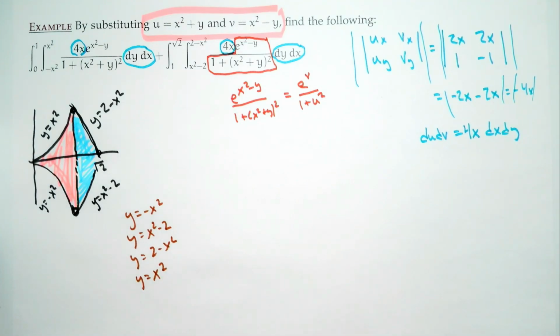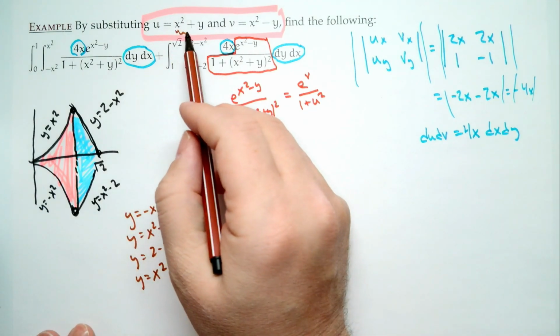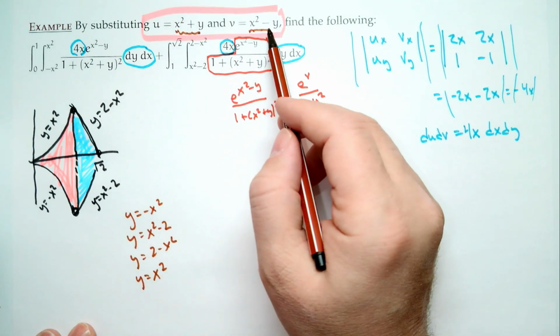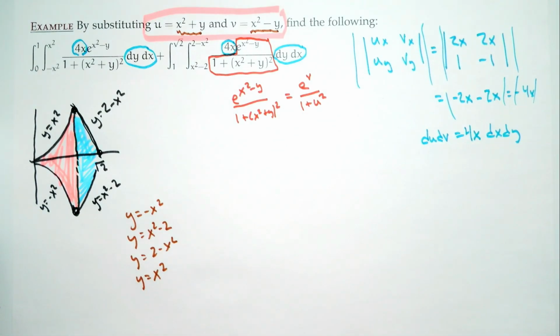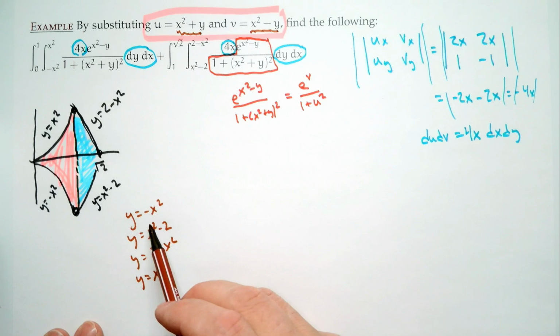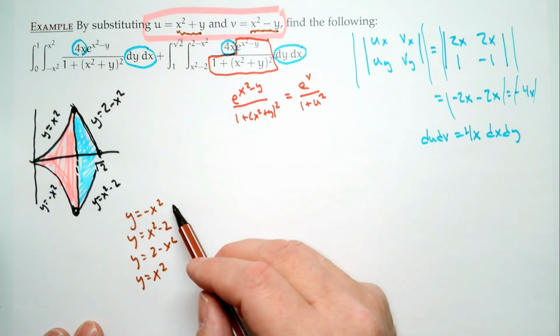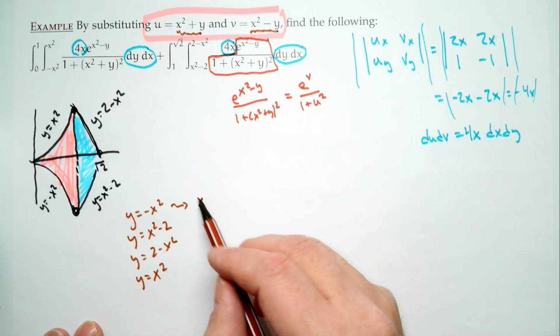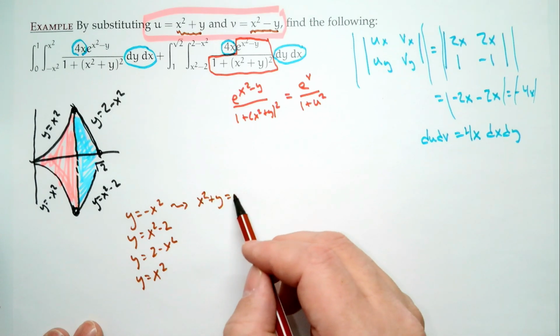Now, the way we're going to translate this into a region in the UV plane is we're going to write each one of these in terms of u and v. So we're looking for x squared plus y, and we're looking for x squared minus y. So what can we do? Well, y equals negative x squared, we can add the x squared over, so this becomes x squared plus y equals 0.